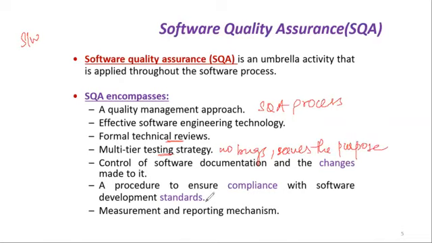Then control of software documents and the changes made to them. Now, whenever you're developing software, there are going to be a few changes. These changes can come from the end user side or from the stakeholder side.